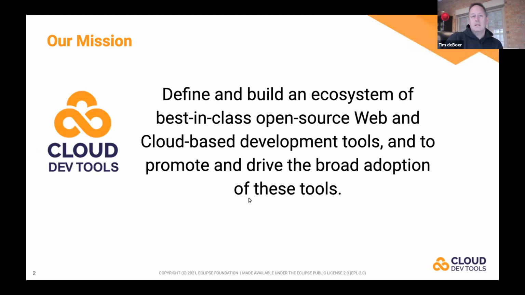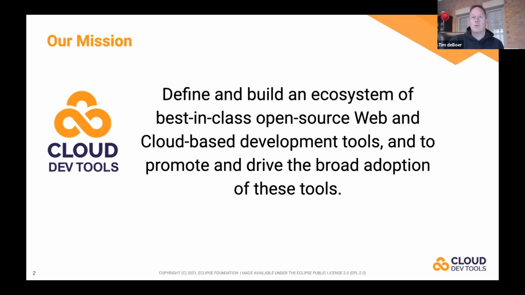There are many places that open source tools are being built across the internet, supporting cloud-based development. But Eclipse is really the home where multiple vendors come together and work on projects, and we have a whole framework and environment for us to collaborate together in open source. And going above just the individual projects, Eclipse also gives us a home for looking across the set of projects, how they work together, and how we can make people aware of those projects, encourage adoption of them, and help promote those projects.